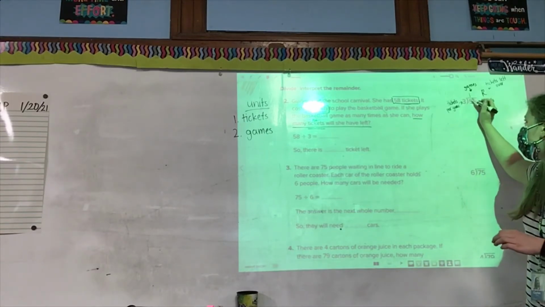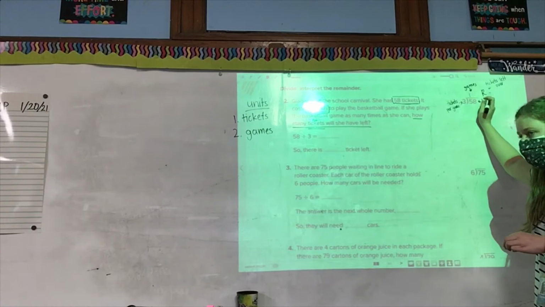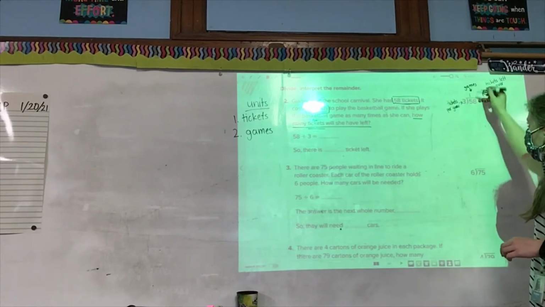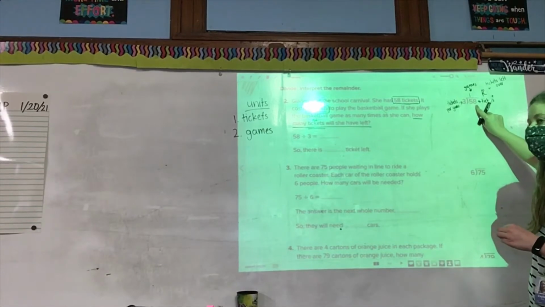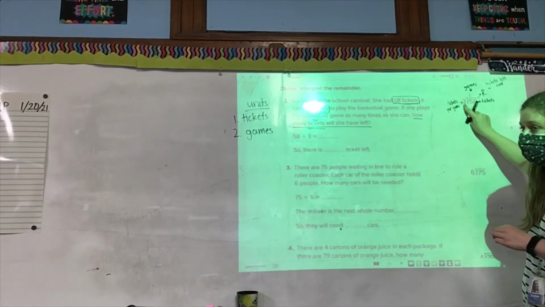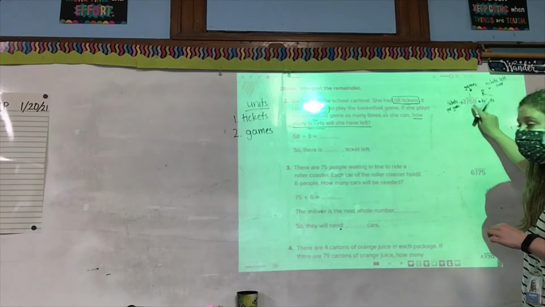The digit we just got, 1, times our divisor 3, which is what? 3. Where do we put it? Up here, above the 8? Under the 8? Under the 3? Under the 5?